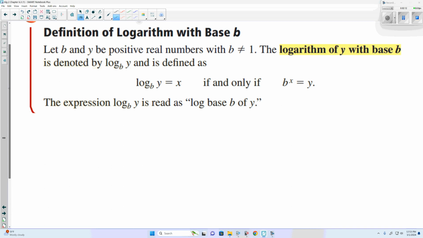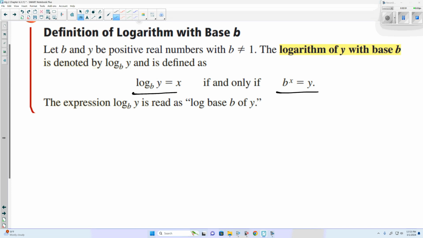It's not going to be as difficult as whatever he's doing, because what we're looking at today is log base b of y equals x, if and only if b to the x is equal to y.